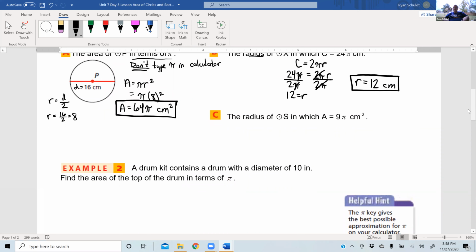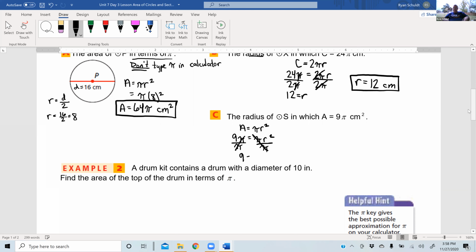C asks us to find the radius of circle S in which area is 9 pi centimeters squared. So remember here, area of a circle is pi r squared. They tell us that this area is 9 pi equals pi r squared. If I divide both sides by pi, they cancel.